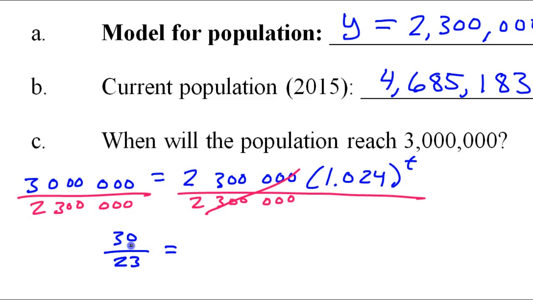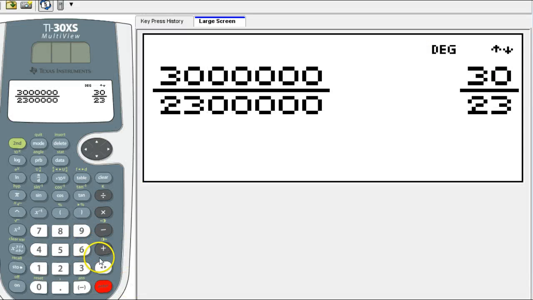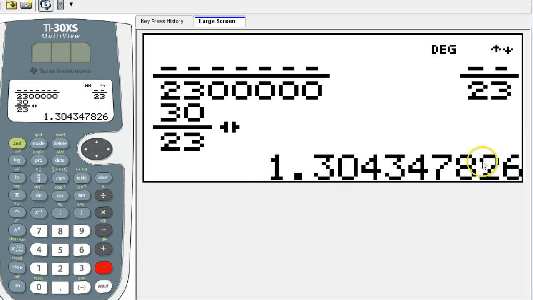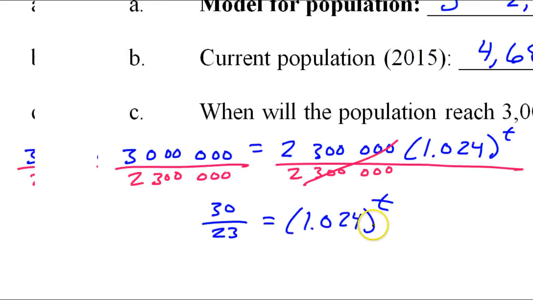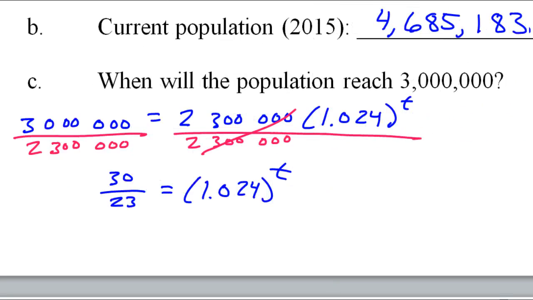Okay, let's leave it like this. Let's not make it into a decimal. If we make it into a decimal, then we have this ugly thing. We're going to wind up rounding it. If you have to round and it's not the end of the problem, you need to carry at least 4 decimal places. But it's a lot neater just to use 30 over 23 anyway. Okay, so this is equal to 1.024 to the t power. So it's just a matter of solving this for t.